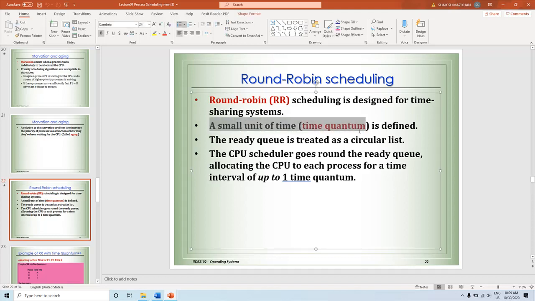In the round robin scheduling algorithm, a time quantum factor is used, that is, how much time a process can use the CPU. So that is determined by the time quantum. For each iteration, for each chance, how much time a process can use the CPU.